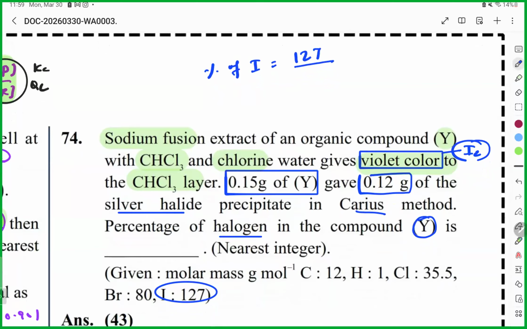It is 108. So 108 plus 127, what is this? 235 now. Given mass 0.12, total mass 0.15.